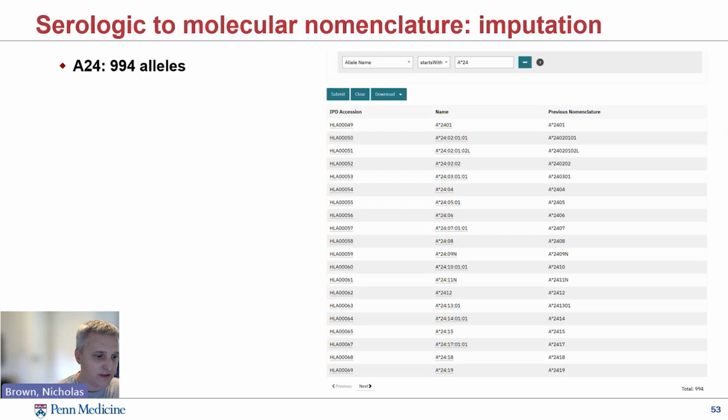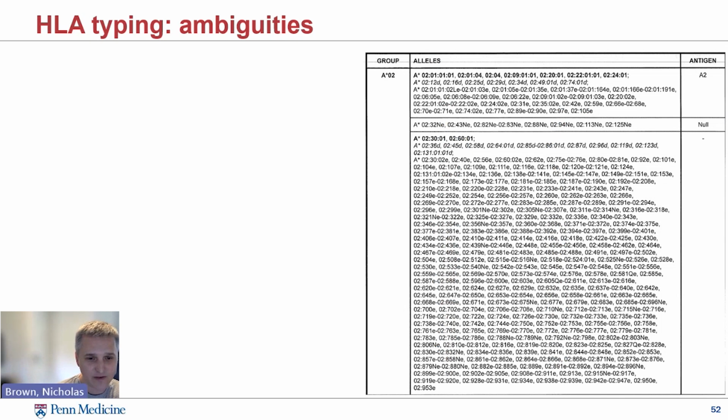So one of the things that we do is we have a lot of assays that result in what's known as ambiguities, right? So you type a patient and you can't tell for sure which allele the patient has. Instead, what you do is you take those 38,000 known alleles and you restrict it to a much smaller set of potential alleles that a patient has.